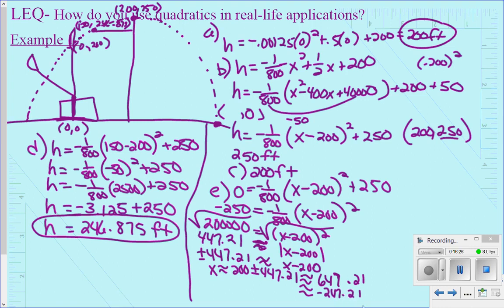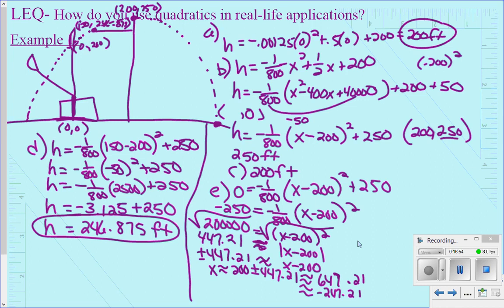So now we have to go back and answer the question. So we want the farthest distance from the catapult. Well, the farthest distance would be the one that's on the right because the negative one is to the left of the catapult, which we don't care about. Remember, it's not actually being released backwards. So we want this one here, which would be the positive 647.21.